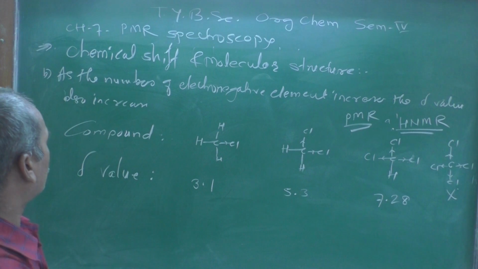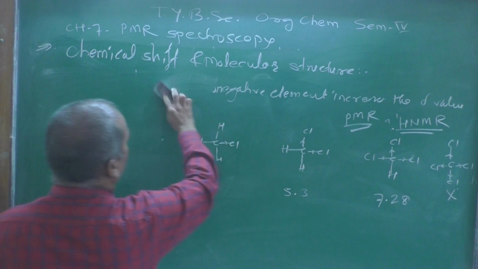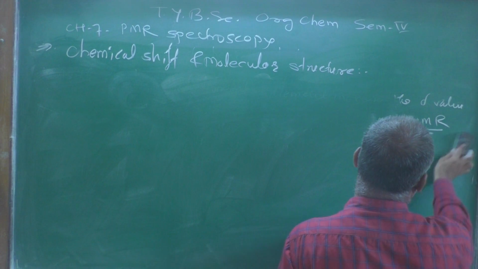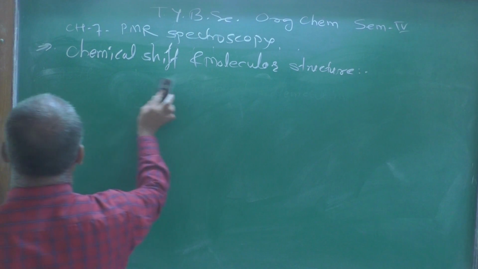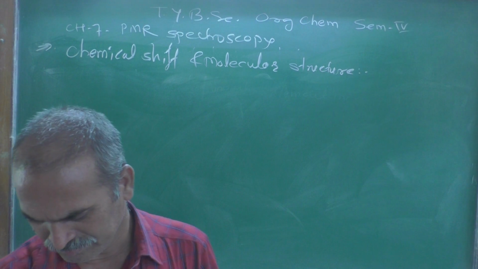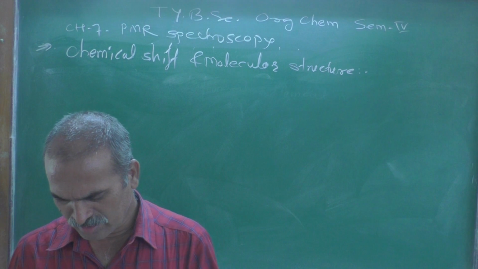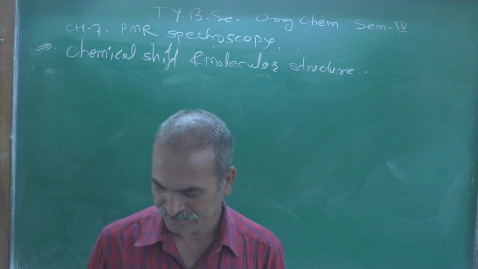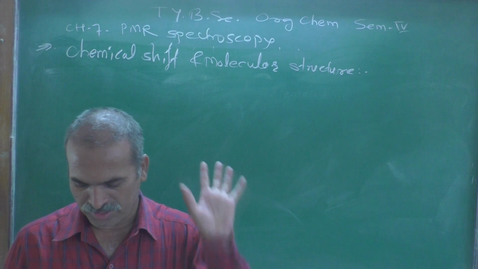Now let us move on to the next point, that is point C. We are discussing it by taking very simple examples. I am trying to explain all this in a simplified manner. Let's see the third. Here, as the number of chlorine atoms increases, the de-shielding effect increases, and hence the delta value increases.